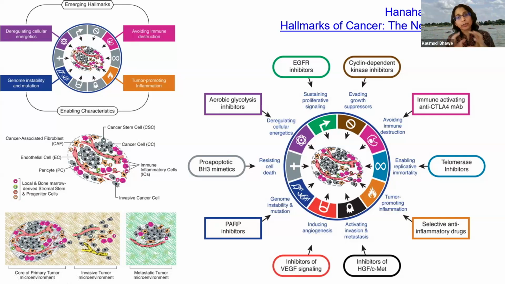But then there's a longer procedure called the TCA cycle or Krebs cycle, which produces more ATP, or more energy, in the cell. But then cancer cells somehow twist that, and they don't rely as much on the mitochondrial oxidative phosphorylation based process.